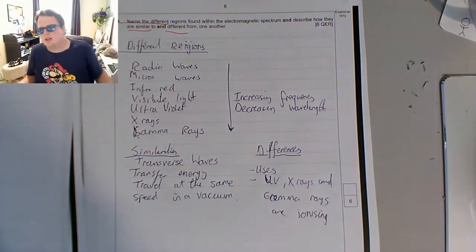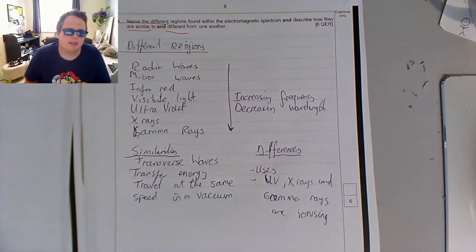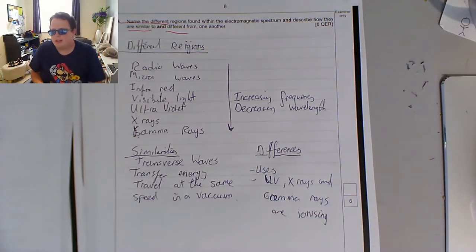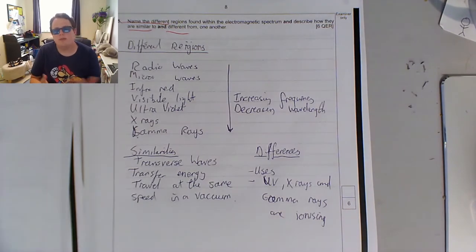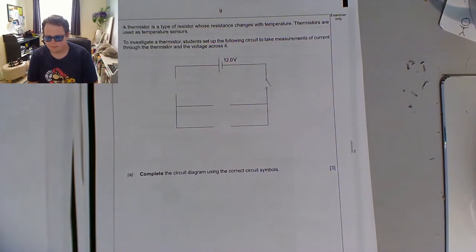They might deduct you 1 because it's not continuous prose. But personally, I'd have given that answer 6. It's got everything in it, and it's laid out in a nice way for this type of answer. Now, other QER questions do require more of a paragraph, but this one, definitely, that would be sufficient for that question.